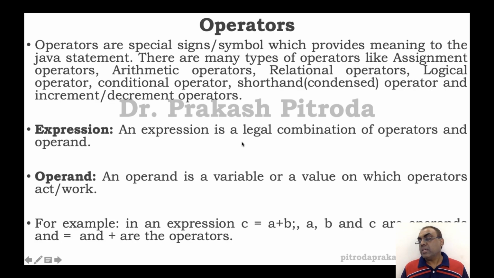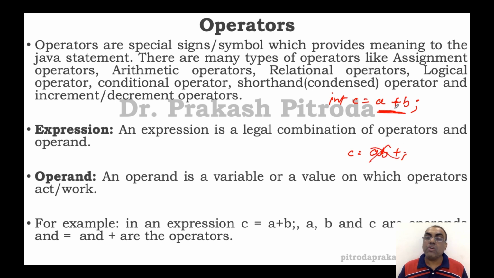Operator, the meaning is nothing but a special sign or a symbol. When you look at any expression, say there is an expression int c = a + b. This expression is a combination of operators and variables, which are known as operands. We say they are a legal combination, because I could also have written c = a b +. That is also a combination of a, b and plus, but it is not allowed, while this one is allowed, so it is called legal.